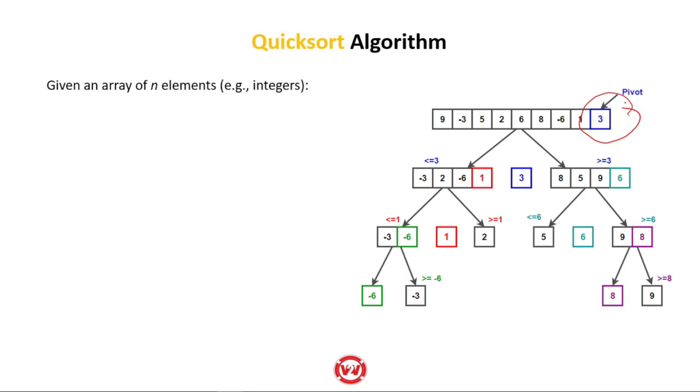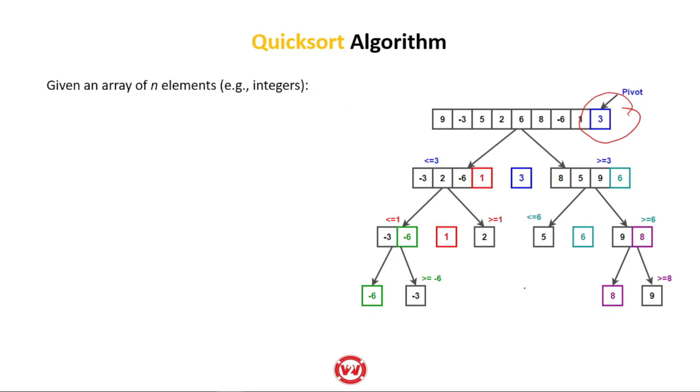The main idea behind selecting the pivot element is that we have to fix the location of the pivot element in the given array. It's not necessary that the elements before the pivot element have to be sorted or the elements after the pivot element have to be sorted, but we have to fix the location of the pivot element. This is the first crux of the quicksort algorithm.